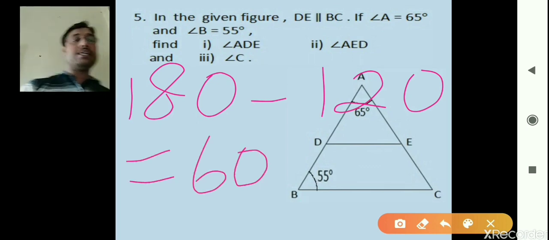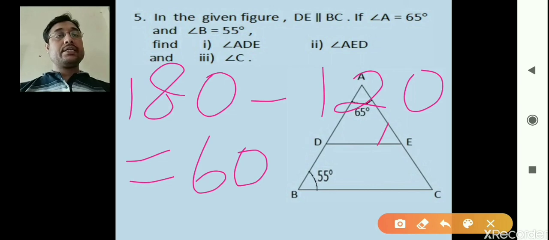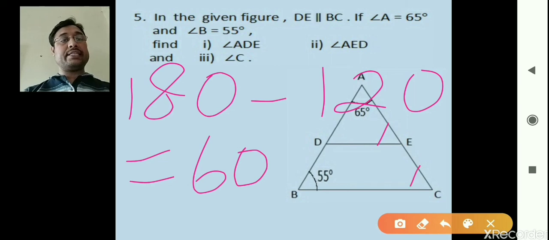So angle AED is also 60 degrees. This angle is 60 degrees. Okay. Now you have to find the last angle C, this angle.